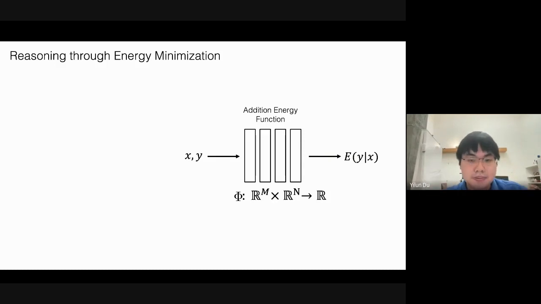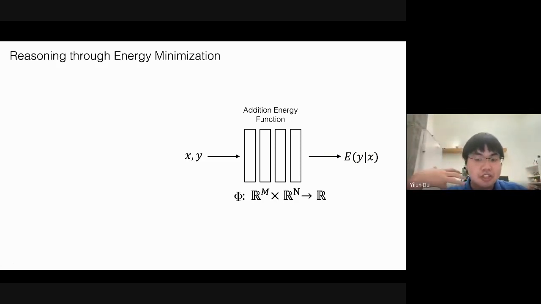Okay, going to specifics. Let's consider, for illustrative purposes, the example task of addition. Imagine I have a vector x in R^m, which maybe has 200 entries, and a vector y, which is a possible solution, which also maybe has 100 entries.